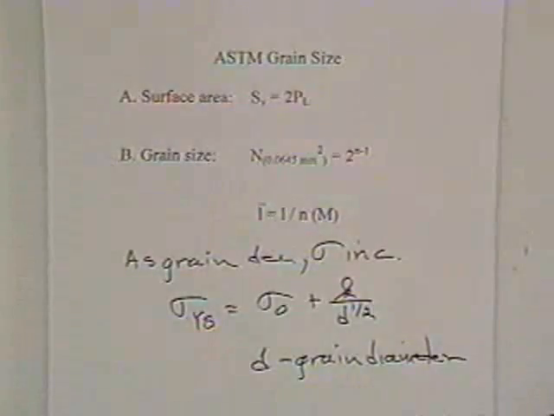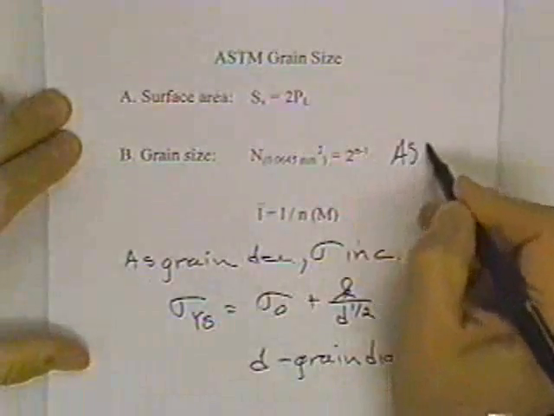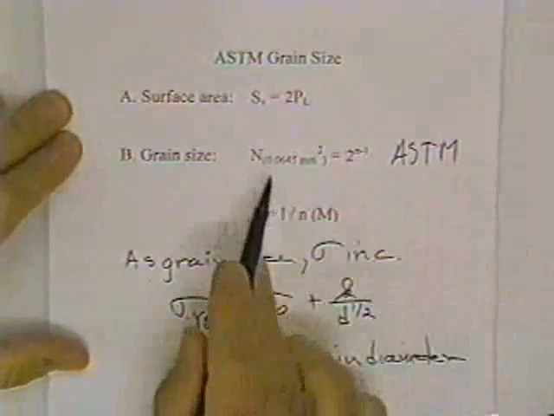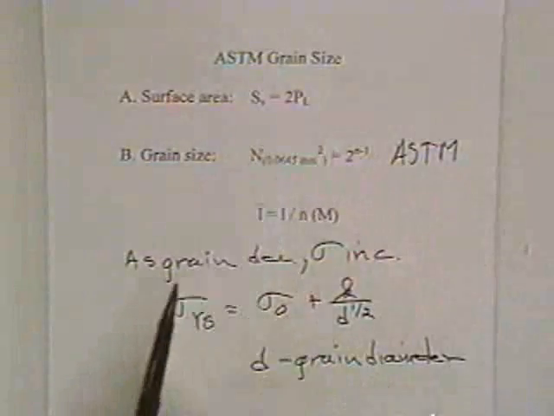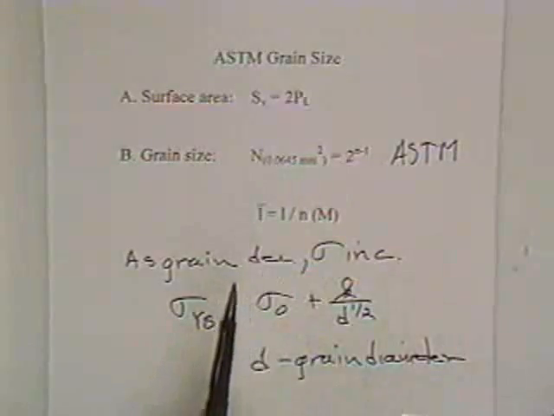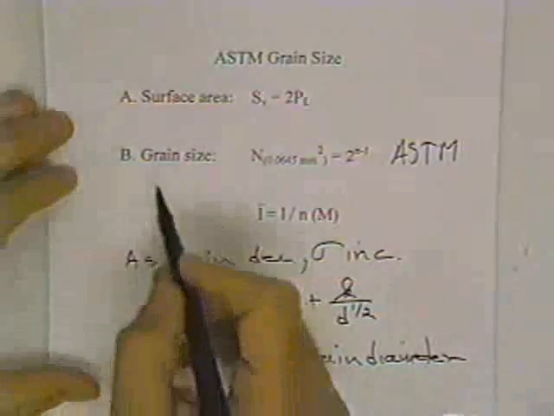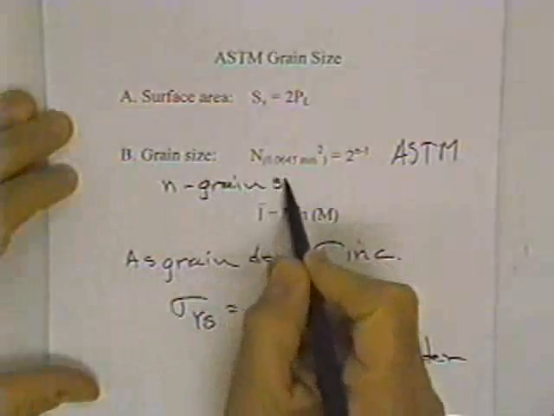And one of the ways of determining the grain size is from an ASTM expression, which says the number of grains in some unit measure, in this case 0.06 millimeters squared, is equal to 2^(n-1), where n is the grain size.